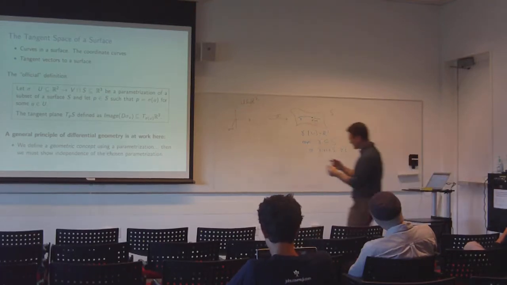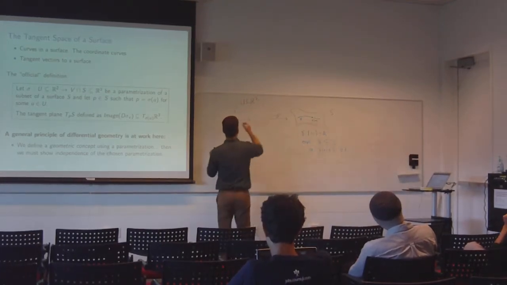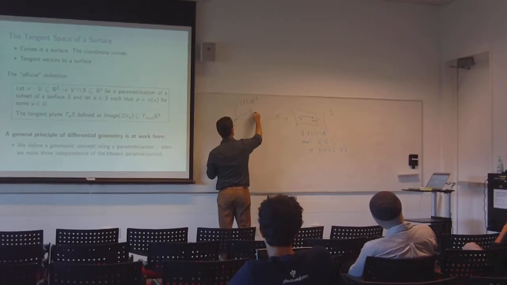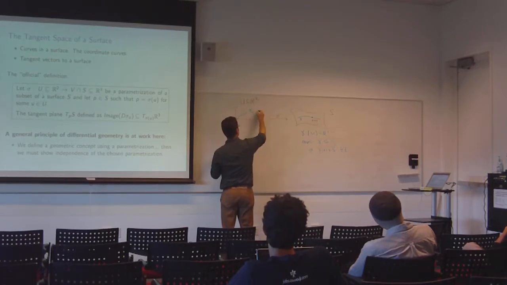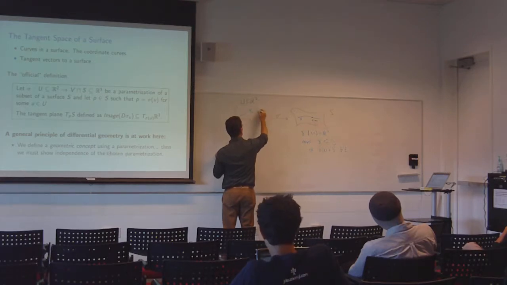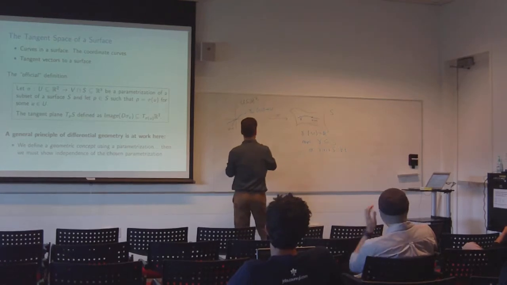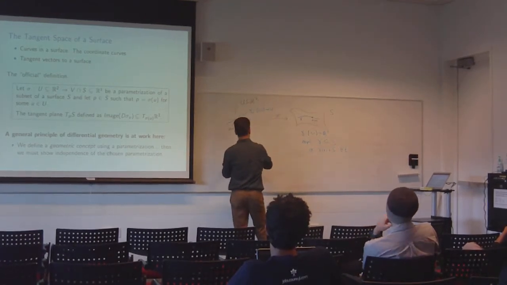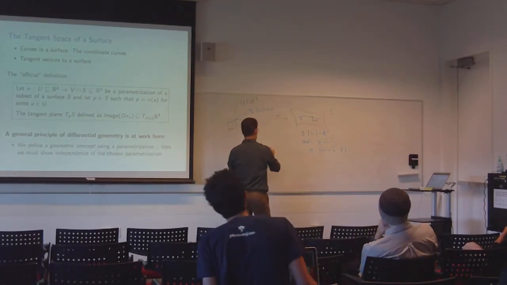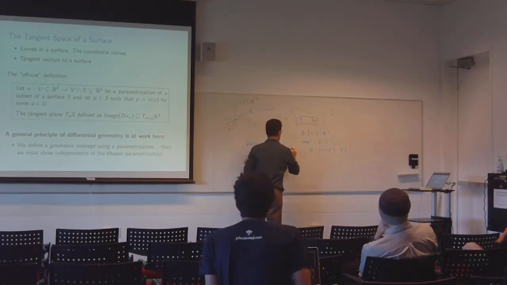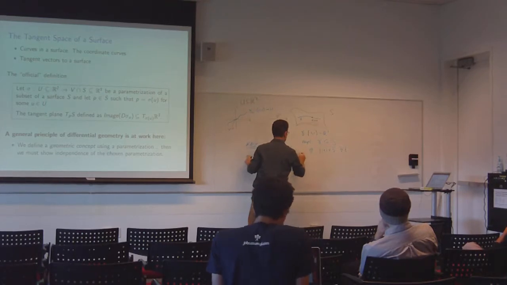So a way to get a curve in a surface is you have gamma 0, which goes from, let's say, -1 to 1 into U, and so the key thing is that gamma of t is equal to sigma acting on gamma 0 of t.